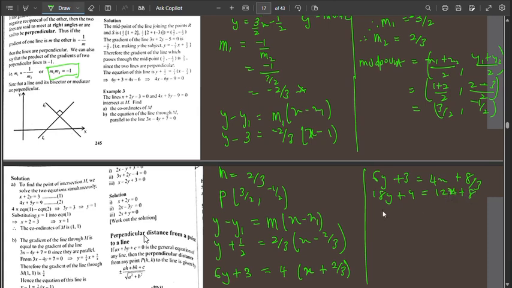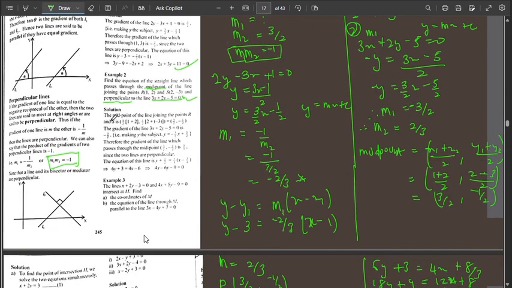So we have 12x minus 18y minus 1 is equal to 0. So the equation of the line here is 12x minus 18y minus 1 is equal to 0. And that is it.